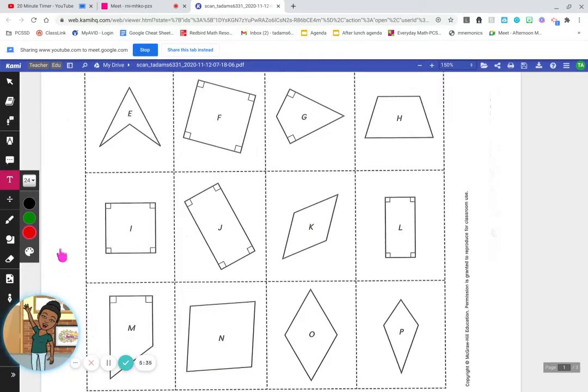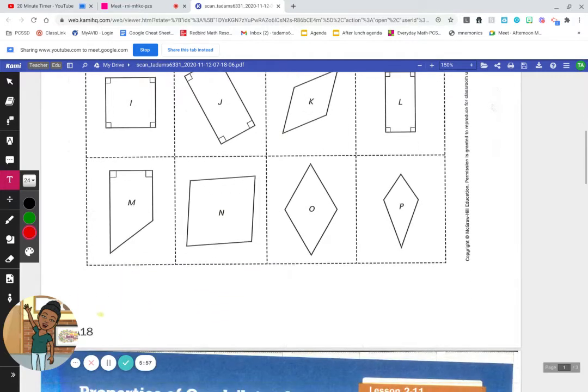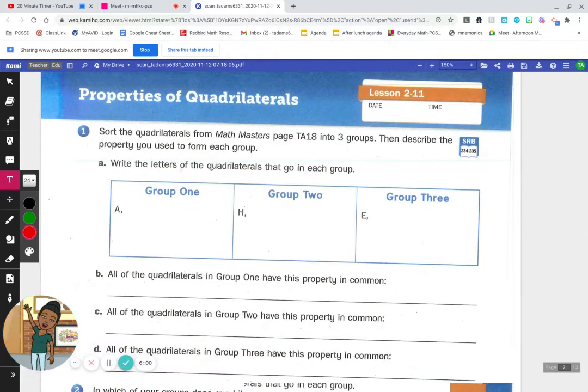So we're not going to cut. We are going to identify these quadrilaterals by using the letters that are on the quadrilateral. We are going to sort all of them, A through P, into three different groups. Then we're going to describe the property that we used to form each group. On the second page of this assignment, properties of quadrilaterals, this is where we will record our data.